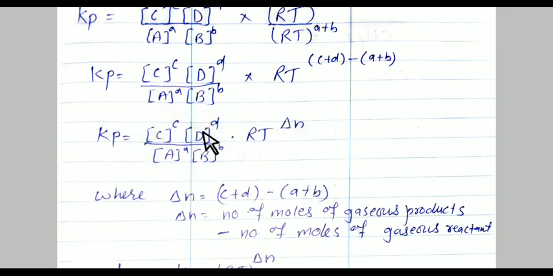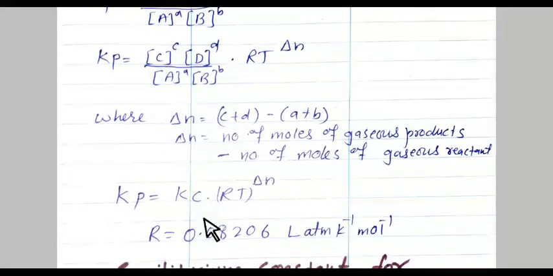And this formula, you all are aware about: concentration of product upon concentration of reactant is nothing but Kc. So this is the equation, the relationship between Kc and Kp.